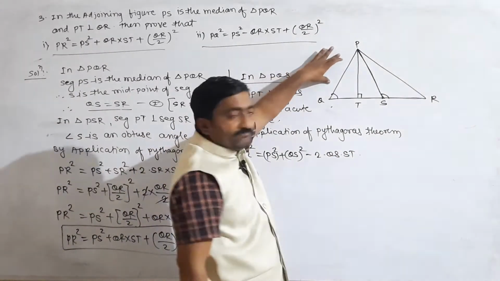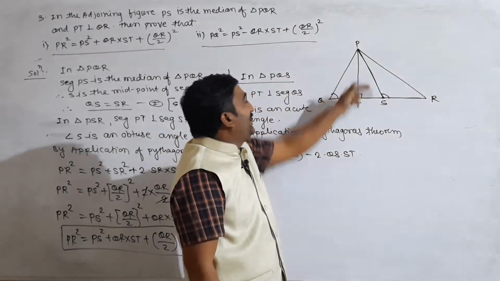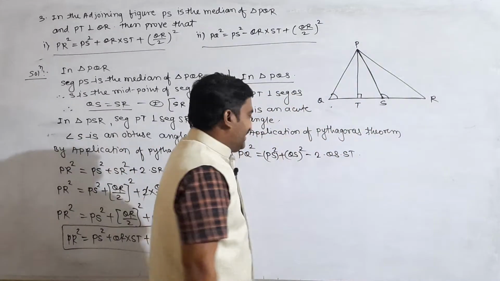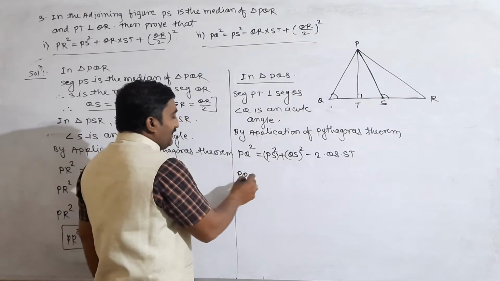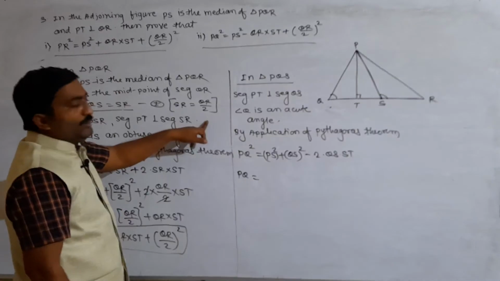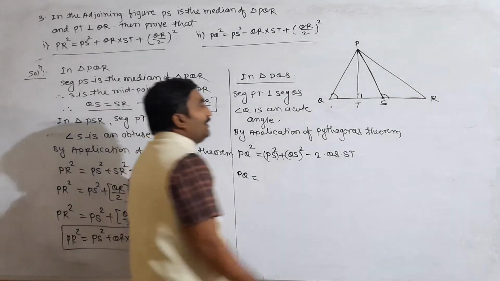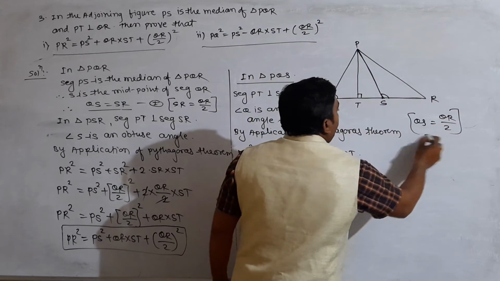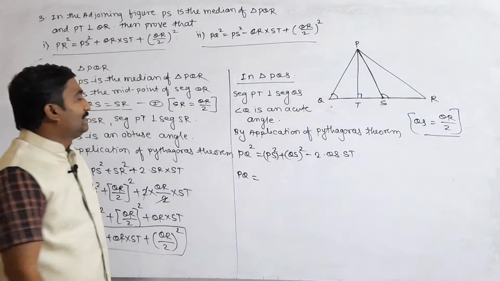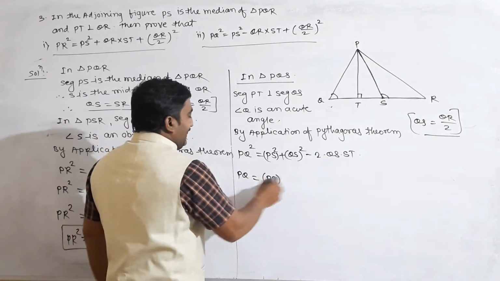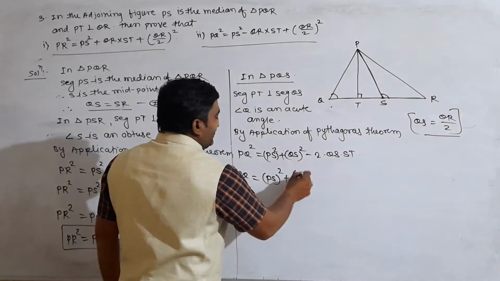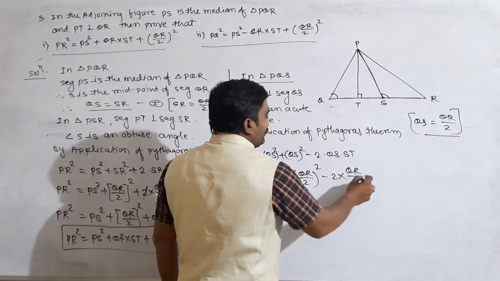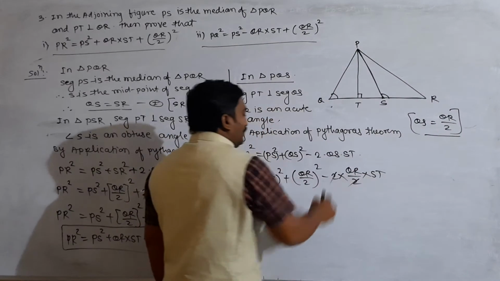Remember that PQ square is equal to PS square plus QS square minus 2 QS into ST. But we have to know that SR is equal to QR by 2. Also QS is equal to QR by 2. Then PS square as it is plus QS, meaning (QR by 2) bracket square, minus 2 into QS, meaning QR by 2, into ST. These two get cancelled.